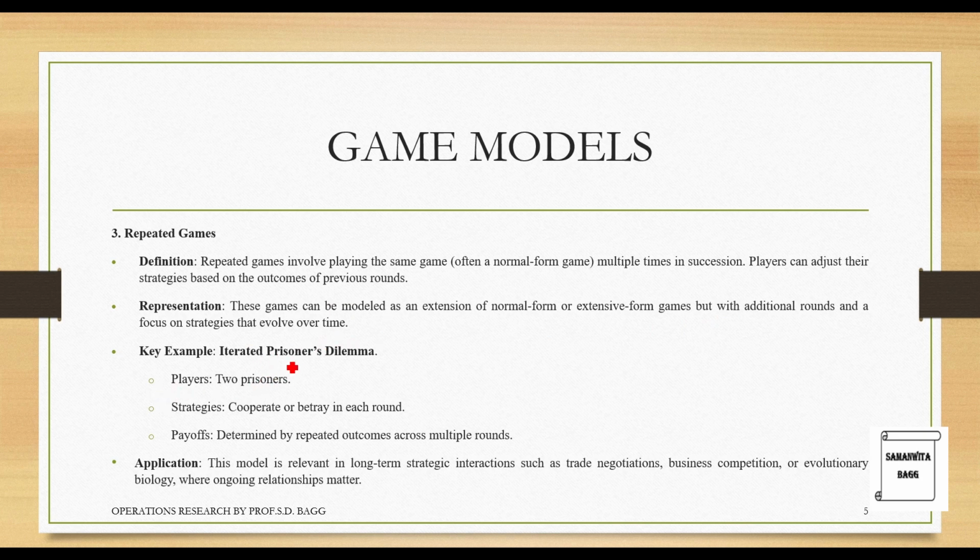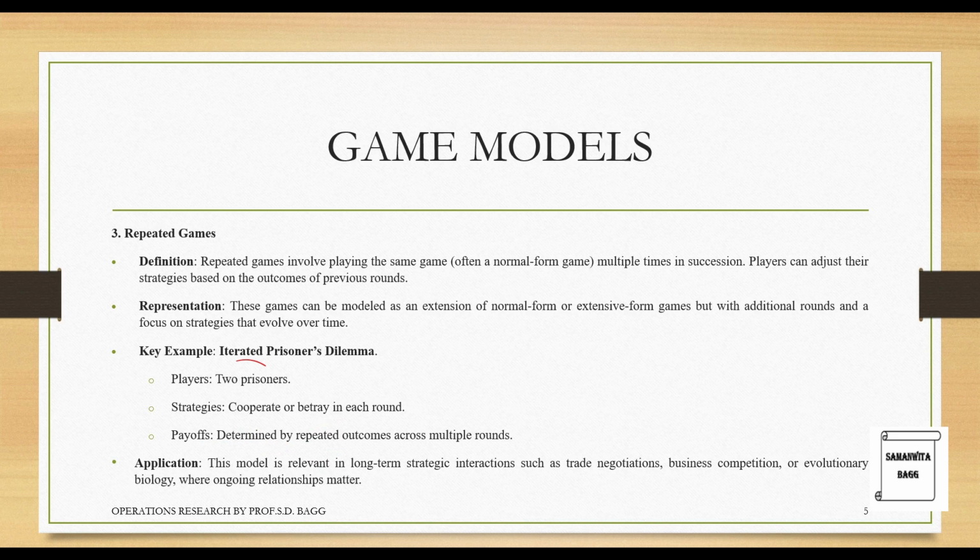Again, the example is the prisoner's dilemma, but of the iterated type wherein you will be constantly asking questions. There will be multiple rounds of question-answer sessions. Players are again two prisoners. Strategies will be cooperate or betray in each round. Payoffs are determined by repeated outcomes across multiple rounds.